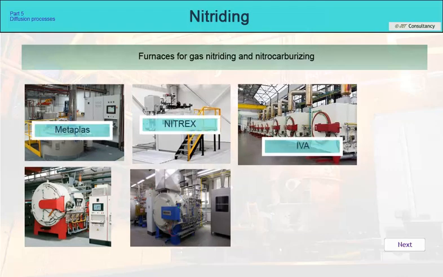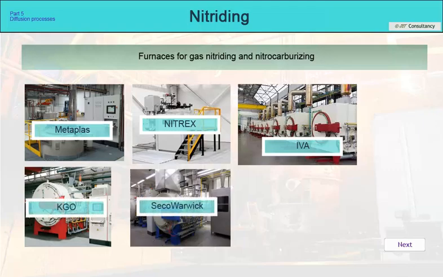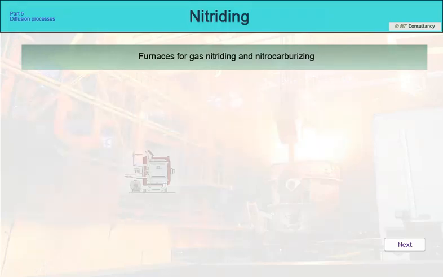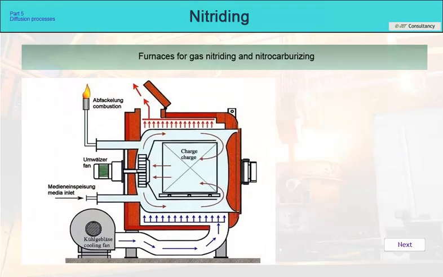These are furnaces with a gas-tight retort, with external heating either by natural gas or electricity. The furnaces are either vertical or horizontal. The basis of the furnace is therefore a retort, usually made of high-alloy chromium-nickel steel 1.4581.